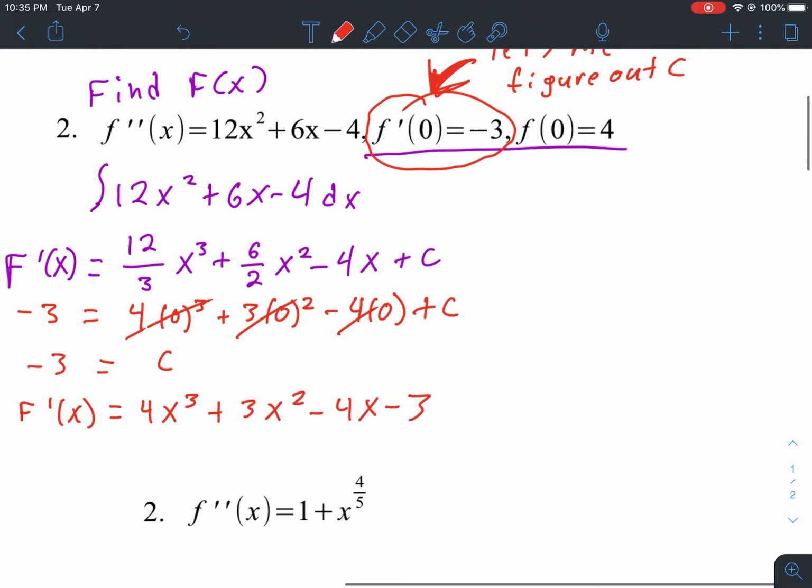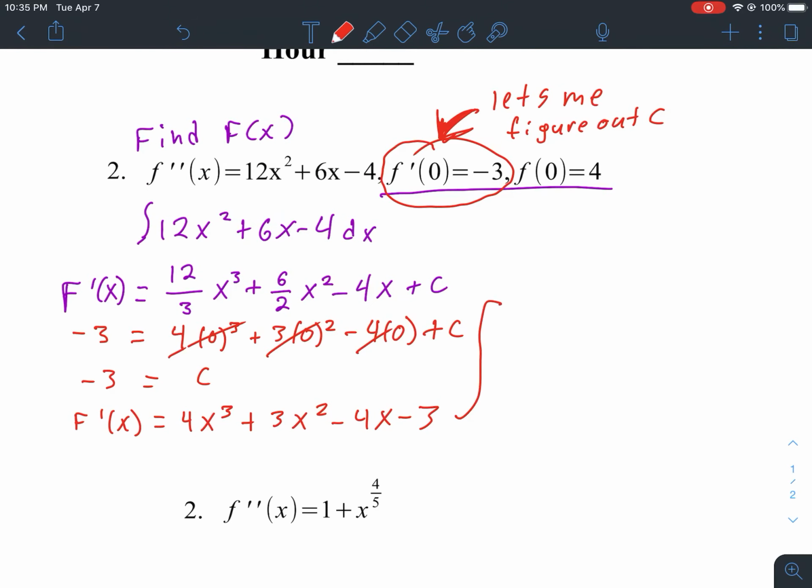Now, if we take the antiderivative of that, we'll get the function. So the antiderivative of 4x to the third plus 3x squared minus 4x minus 3 with respect to x.